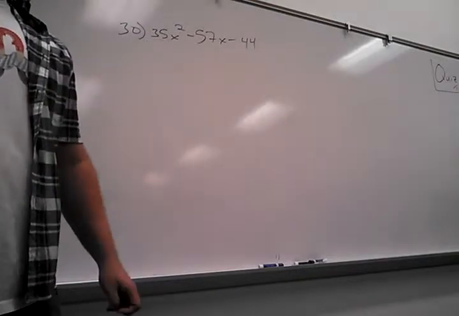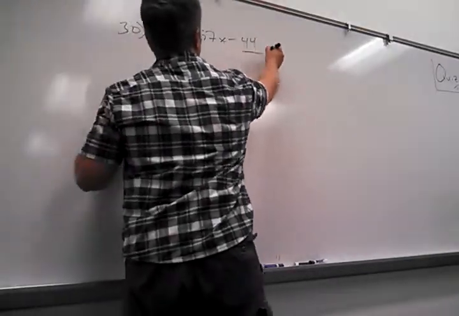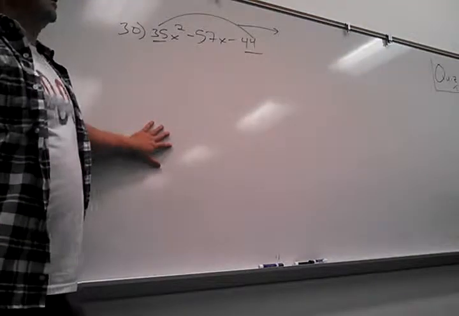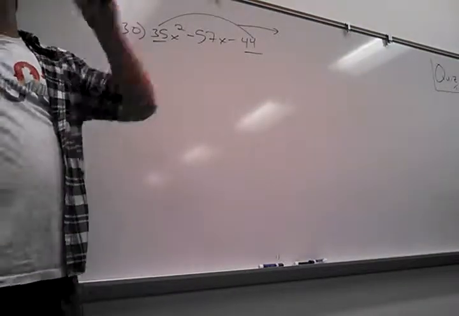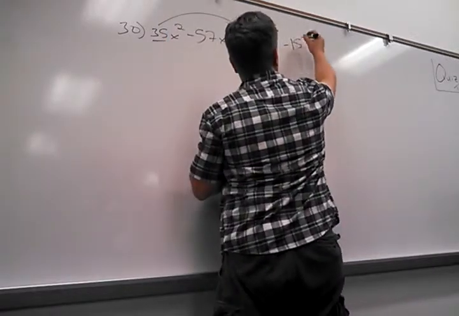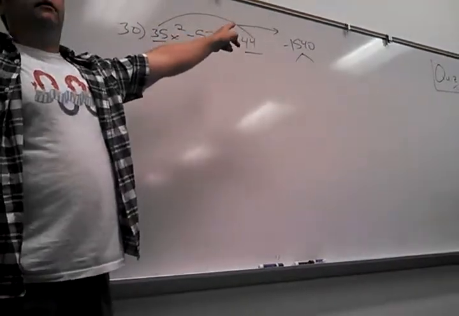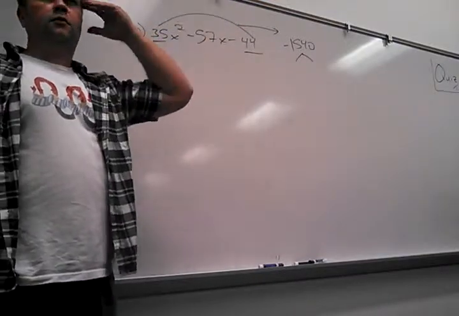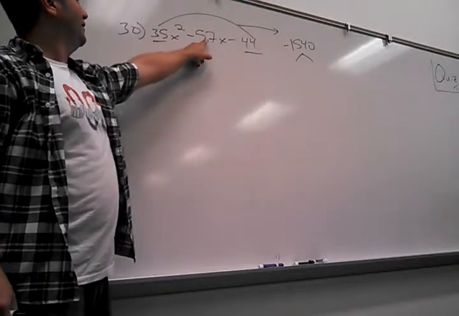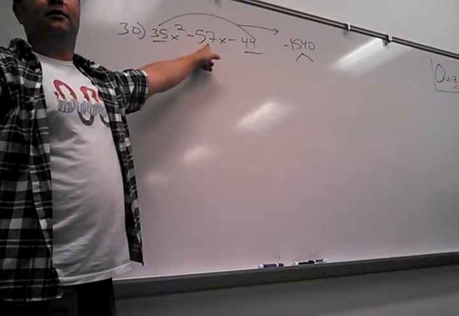All right, so what do you have to do? 35 times 44 is 1,540. Negative 1,540. So I need 2 factors of that, and we all know the factors of 1,540 that add up to be 57. I don't know.